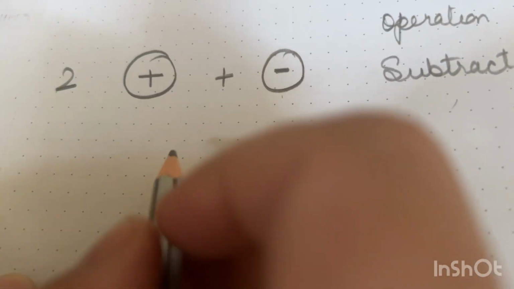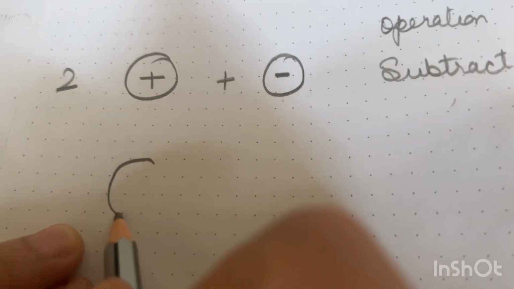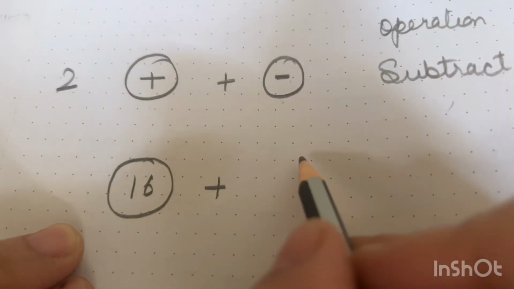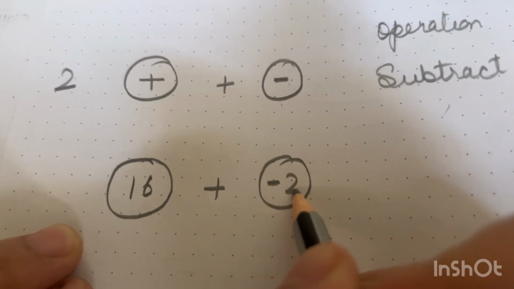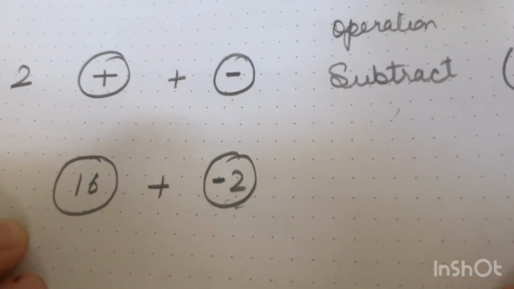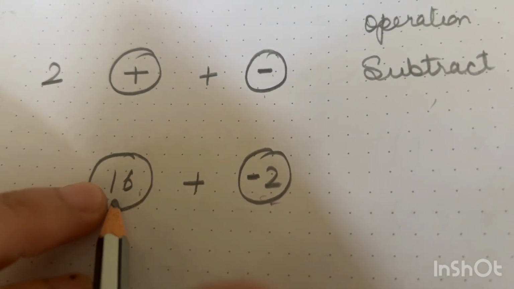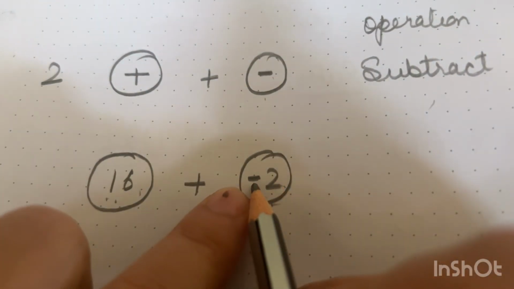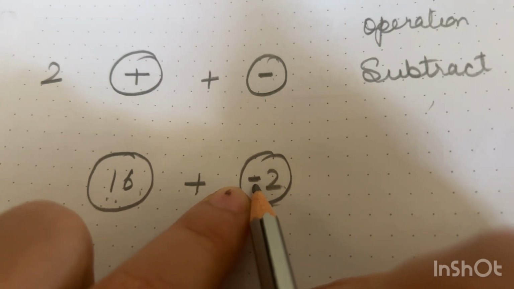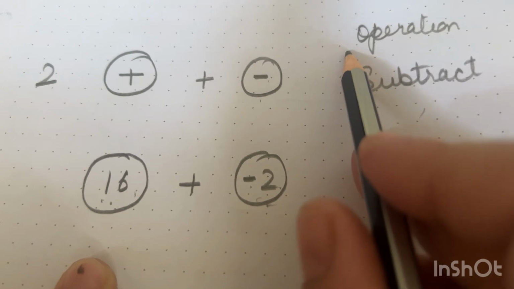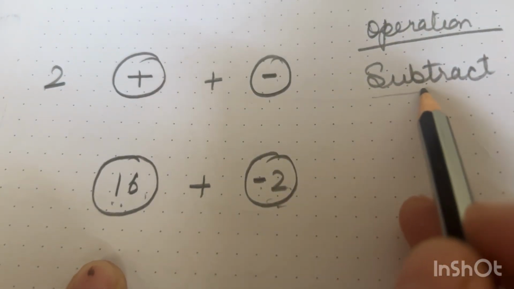I will give you an example. Suppose I am taking the integer 16 plus a negative integer, so I will write here minus 2. See, I have not put any sign before 16, that means it is a positive integer, and here I have put minus before it, that means it is a negative integer. So now what operation will we do?